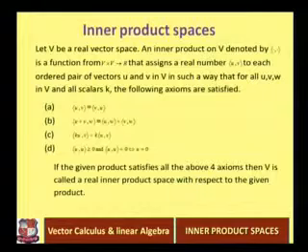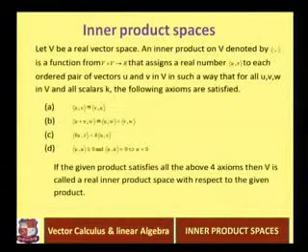And the fourth property: inner product of U comma U is greater than or equal to 0, and inner product of U comma U is equal to 0 if and only if vector U is 0.